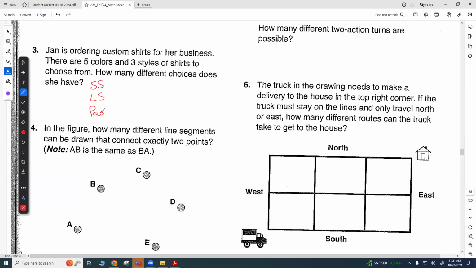So there's our 3 styles, right? And then we know for each of the 3 styles, there's 1, 2, 3, 4, 5 colors. So how many different choices are there total? 15.